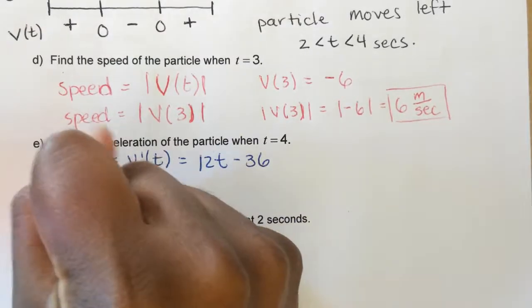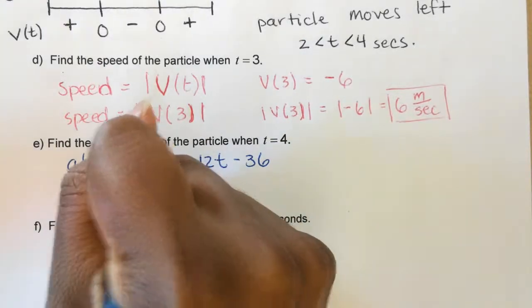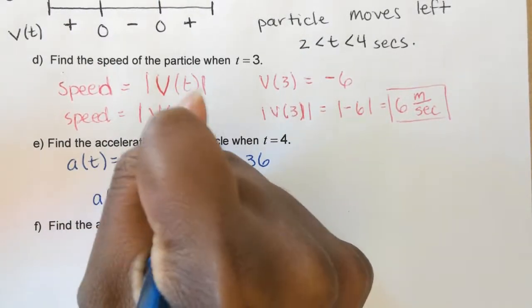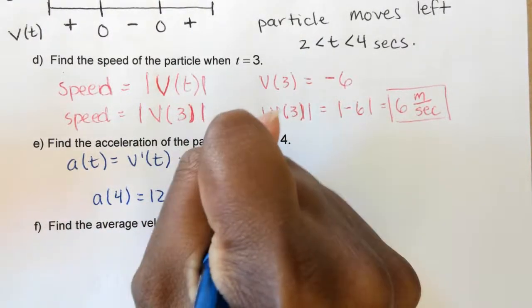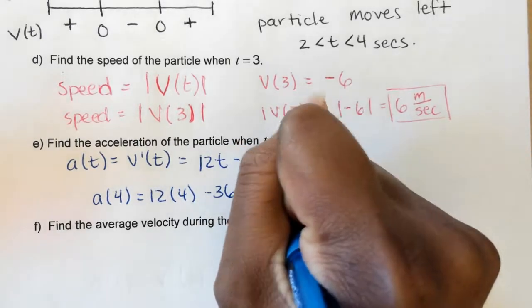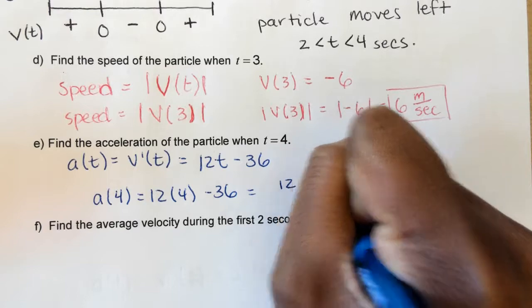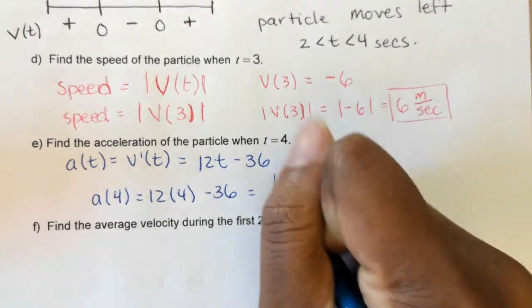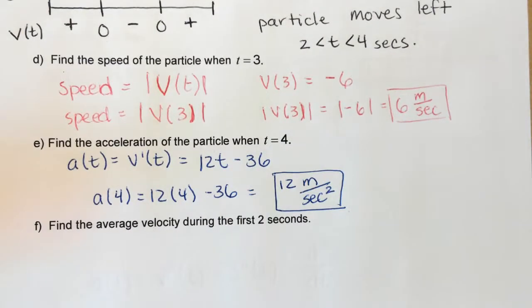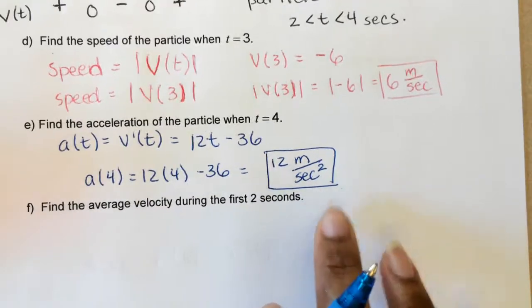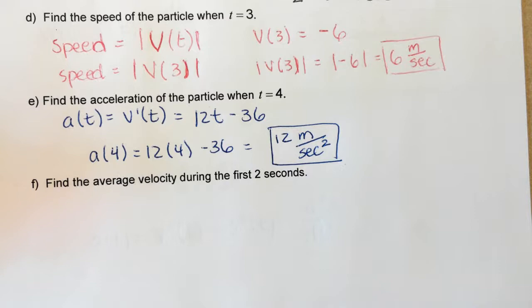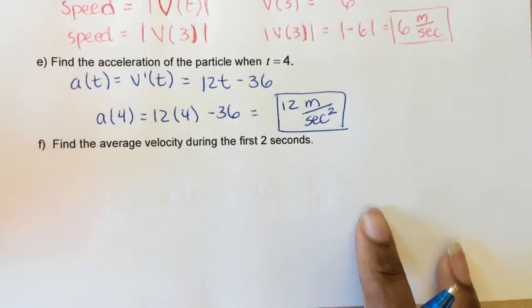And we want the acceleration at t equals 4. So we'll have 12 times 4 minus 36, which is equal to 12 meters per second squared.